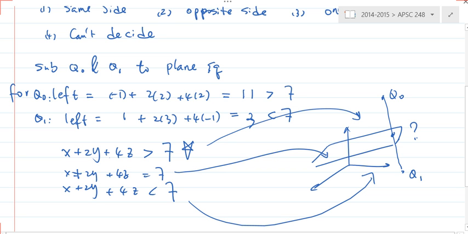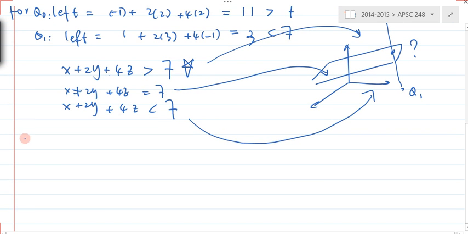So, to summarize, I think some people asked a question here. One thing I have emphasized when talking about the plane equation and the line equation, let me emphasize a little bit again. If you're going to construct a plane equation, what are the two pieces of information that you need to find out?